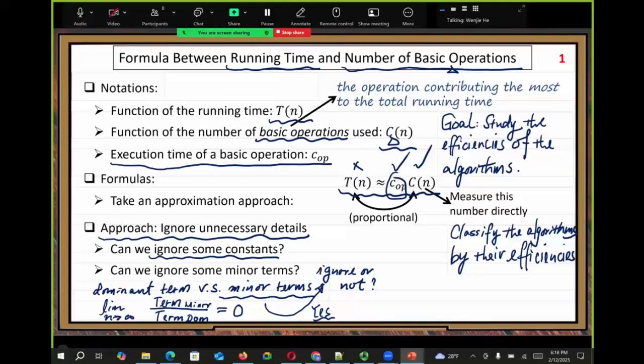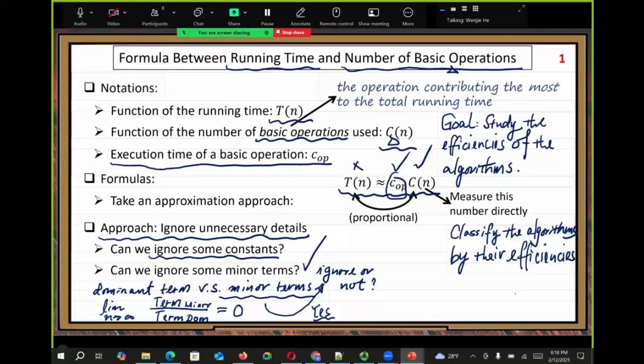Here the minor term we can ignore. But for the constant, it's a little complicated. Sometimes for some constants you can ignore, but for some constants you need to be very careful. You need to look at the location of those constants. For example, let me show you the special location of the constant.